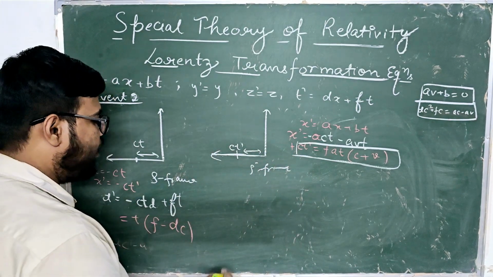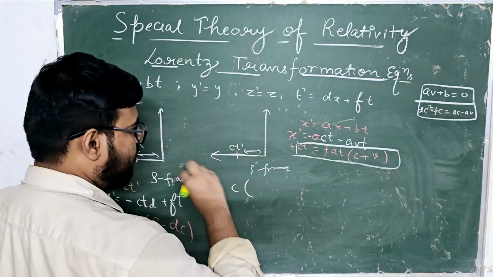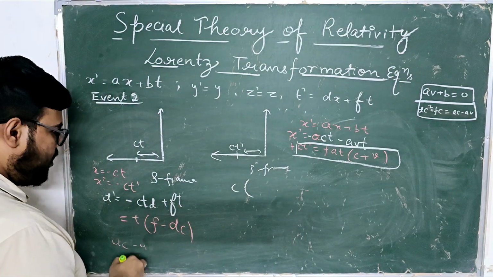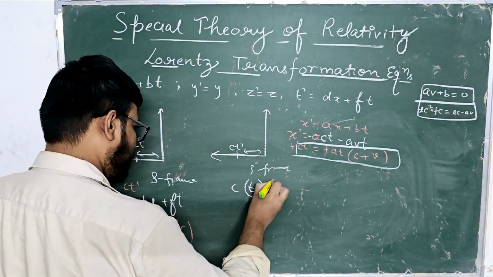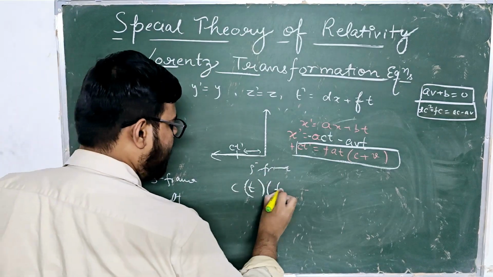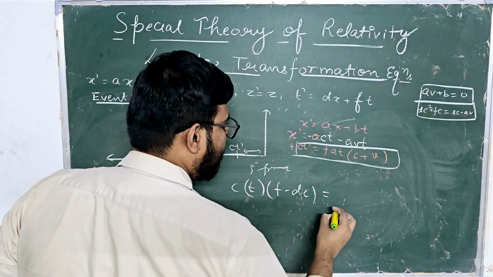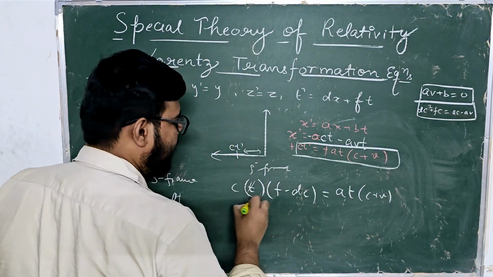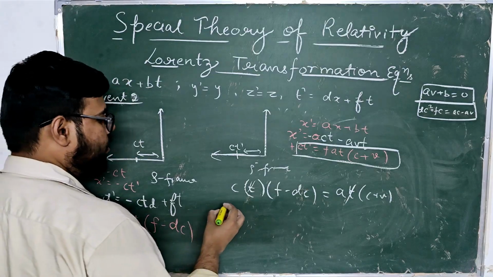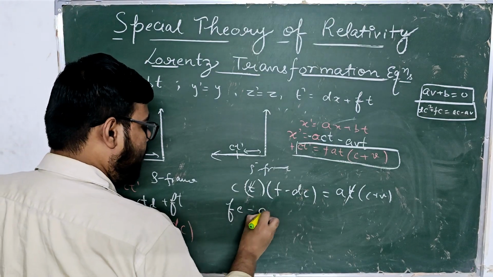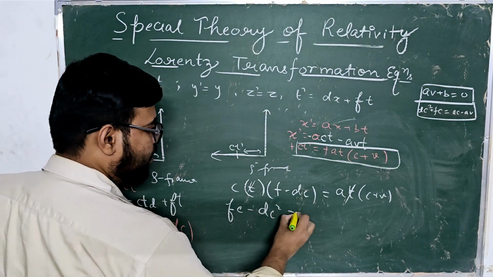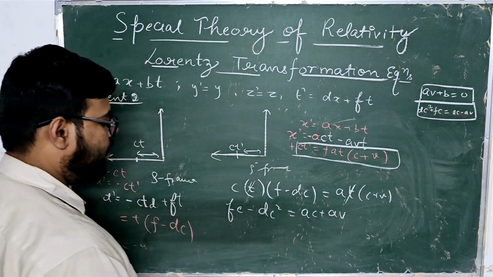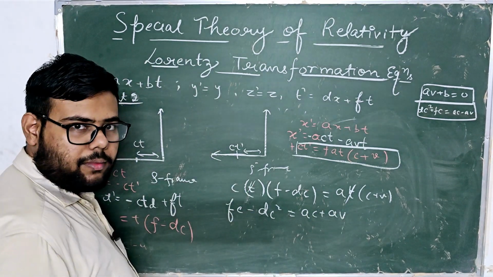So you will get C times T prime, which is T times F minus DC. F minus DC is equal to AT C plus V. So T and T get cancelled. So we will have FC minus DC square is equal to AC plus AV. Right? We have this equation now. Fine? Okay.